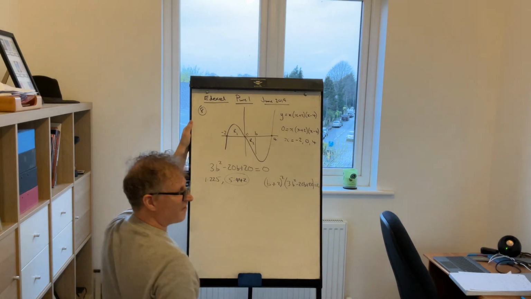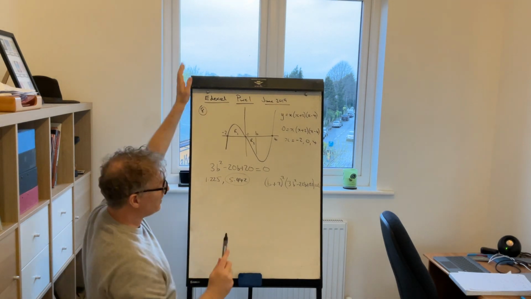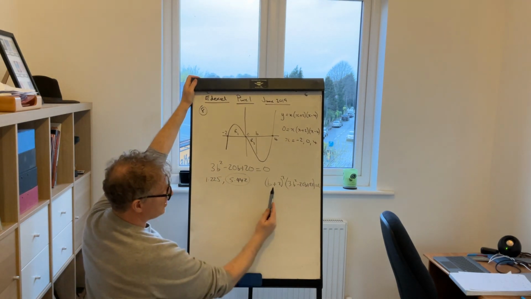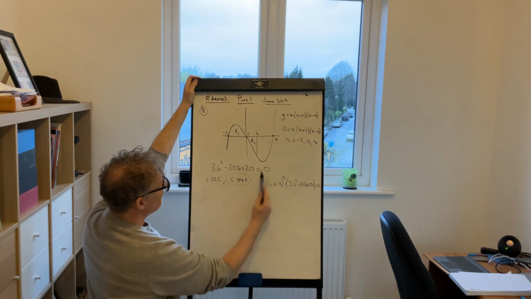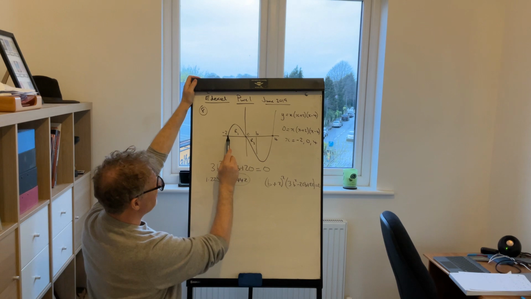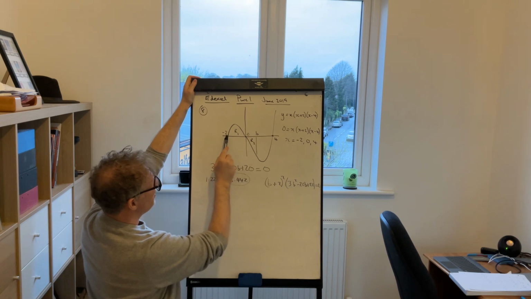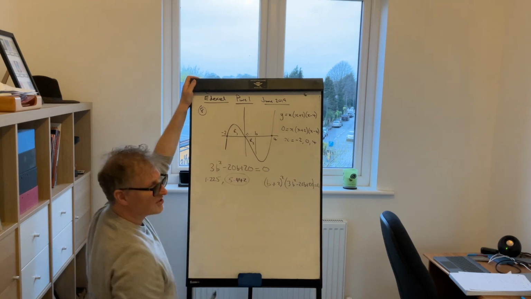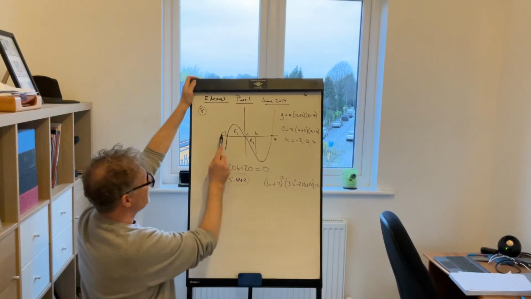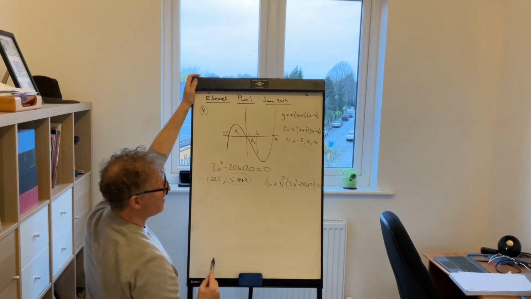That's what we had to verify in part B. Now, you could look at that and just go, well, hang on, isn't b equal to minus 2 one of our answers? Well, yeah, b equals minus 2 could be one of our answers, but we already know that root there between 0 and minus 2 does give us 20 over 3. So of course b equals minus 2 is one of our answers, it's right there.